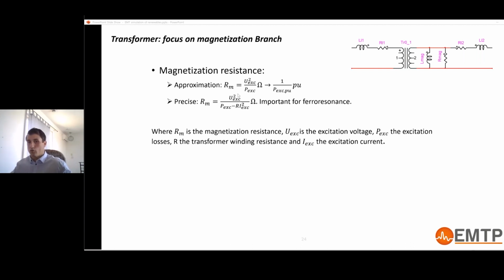However, most of the time you take the losses in per unit, you take the inverse of that, and it gives you the resistance in per unit. A typical value for the resistance here is 800 per unit, for example. For ferroresonance studies, losses are very important, so in this case you may want to evaluate that with more detail.